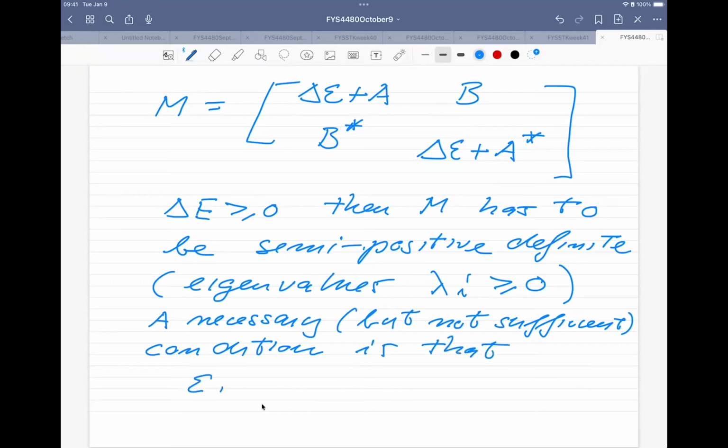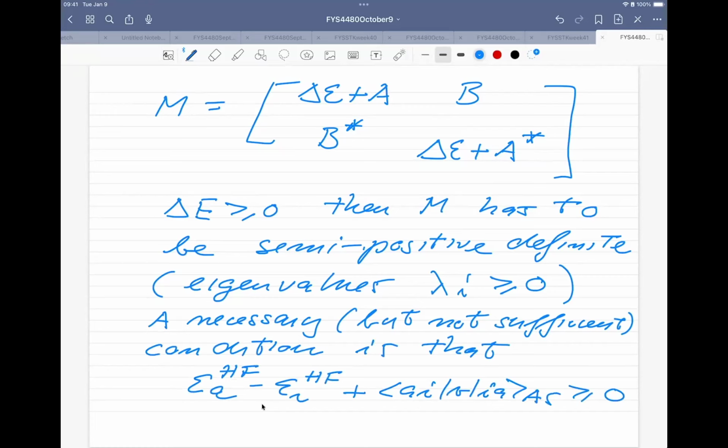If I take the diagonal matrix elements, these elements, which run like this, have to be larger or equal to 0.